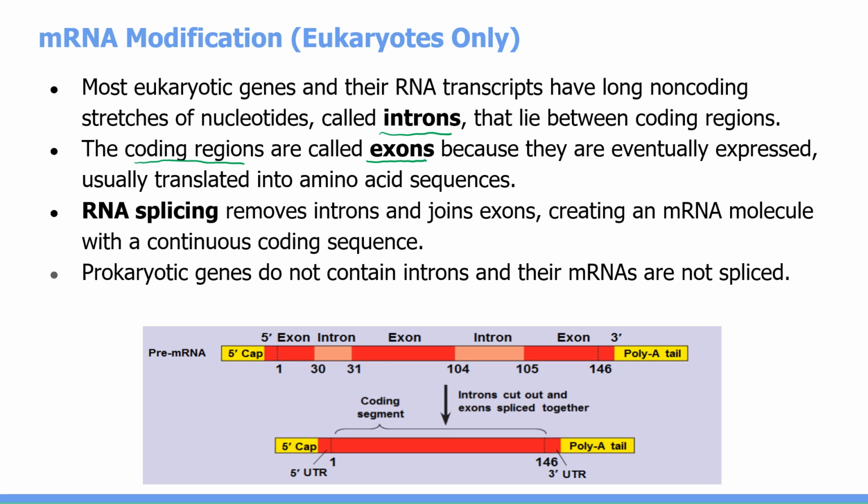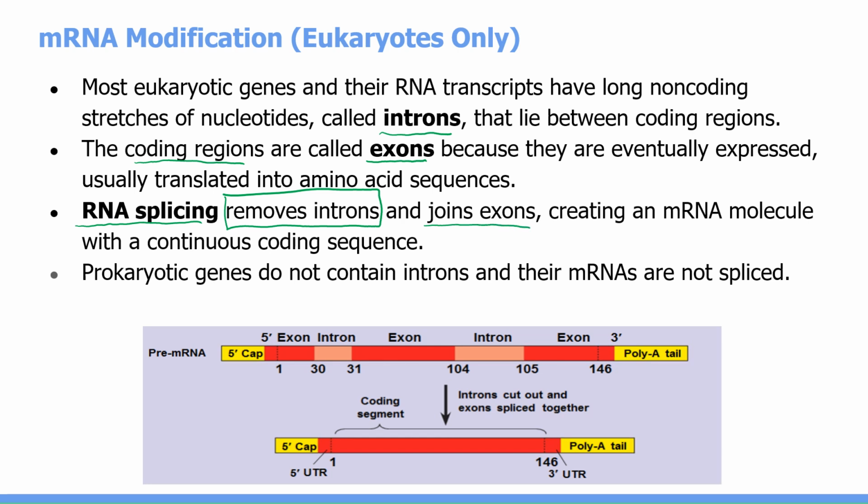So what must be done before the mRNA can leave the nucleus, and again, only in eukaryotes, is that we have to splice the RNA. This process is called RNA splicing, which removes the introns and then joins the exons.